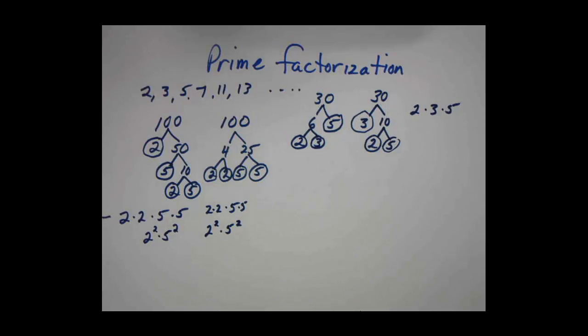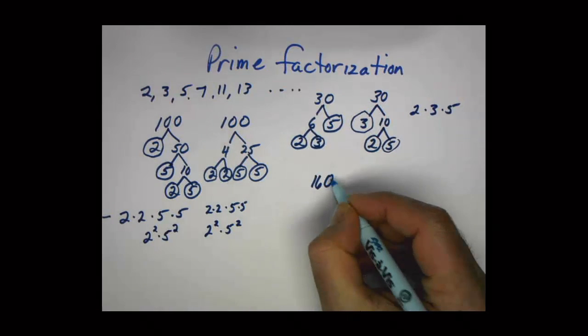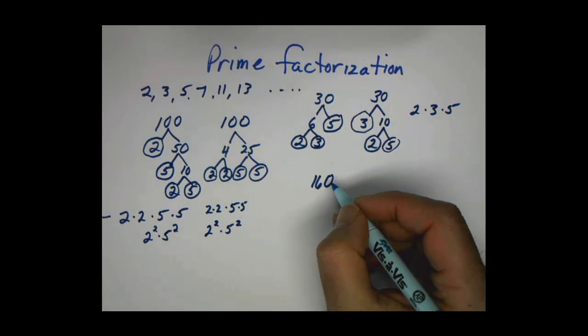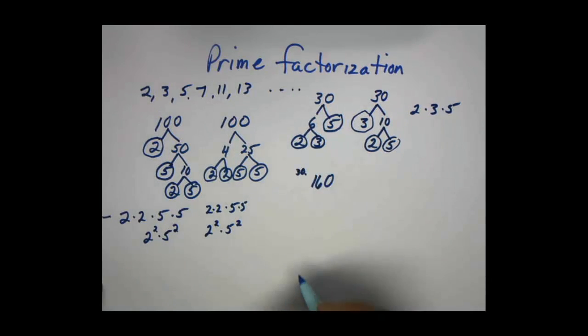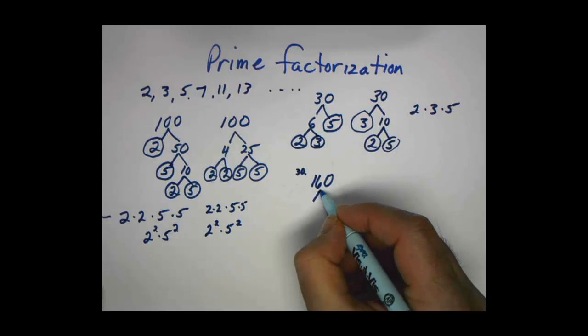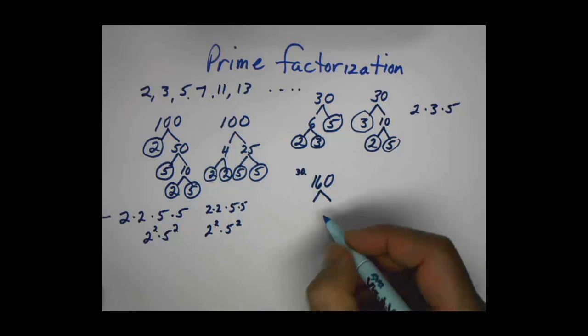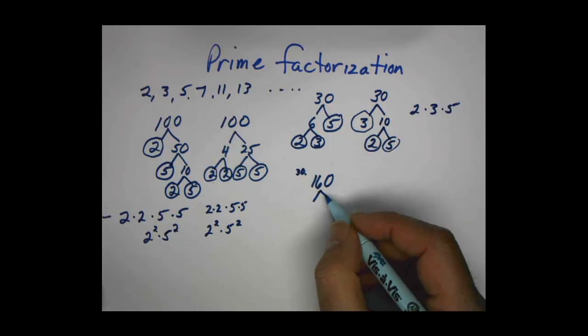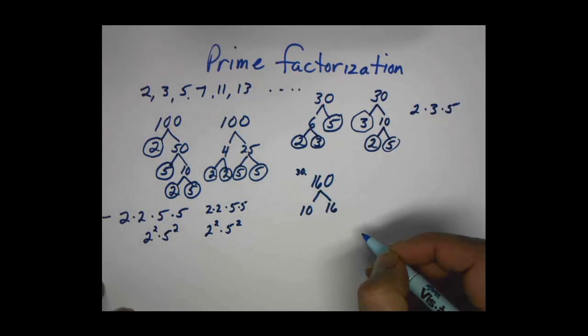So let's take one more number. How about 160? 160 is problem number 30 out of the textbook. Just grabbed a number there at random. So we can do any branch we want to do. Well, it's a multiple of 10 because it ends in a 0, so let's do 10 times 16.